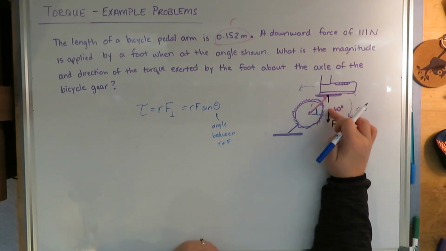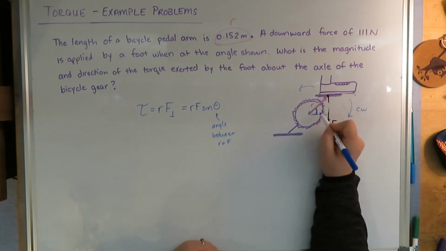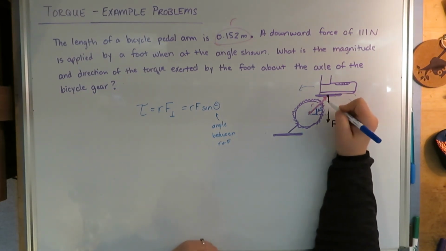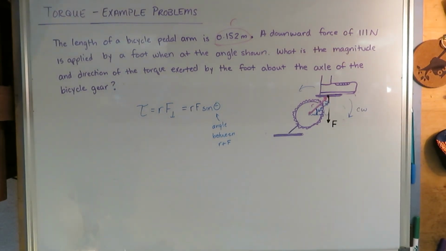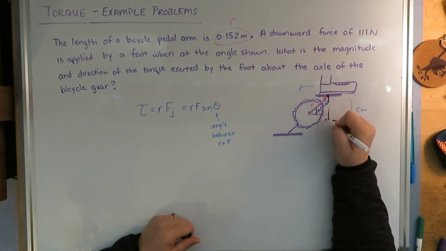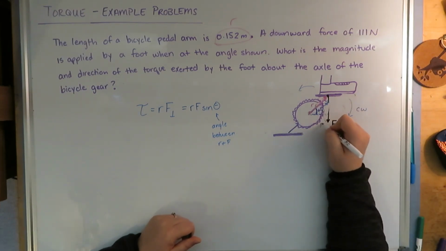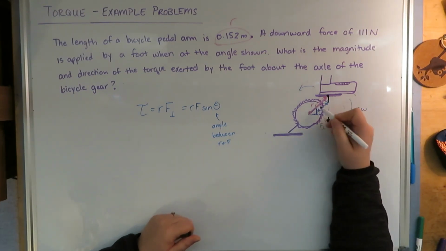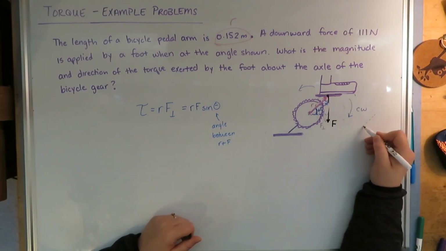This is a right triangle that I made right here. If this is 60 degrees, then this angle right here is 30 degrees. If I resolve that force into components, one of which is perpendicular, this component right here would be F perpendicular, and F perpendicular is the opposite side of this triangle.